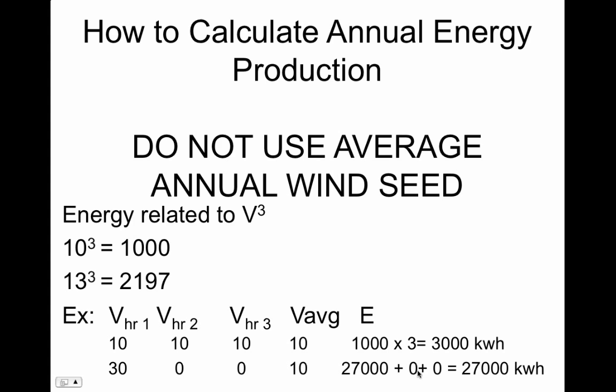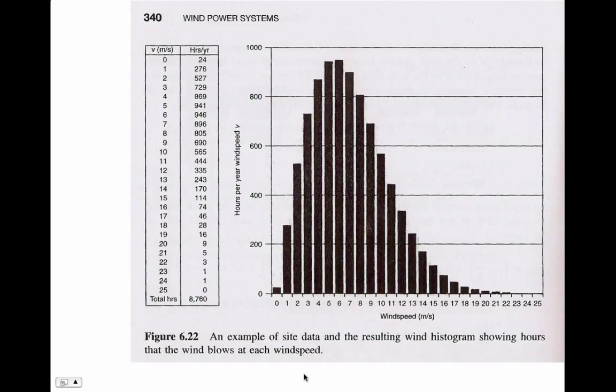No energy the second hour and no energy the third hour, but we got a total of 27,000 kilowatt hours out of this hourly collection of wind speeds, and only 3,000 kilowatt hours out of the other, even though they both have the same average wind speed. So it's not possible to directly use the average annual wind speed. You need to do something different. You have to look a little closer.